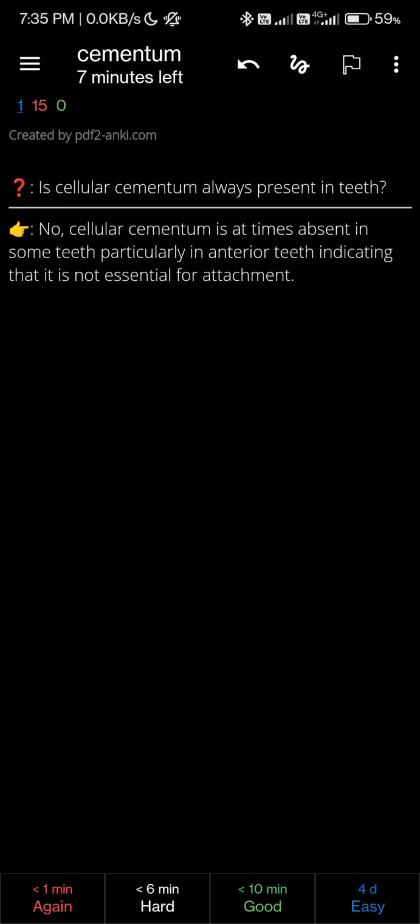At times it is absent in anterior teeth, indicating that it is not essential for attachment.